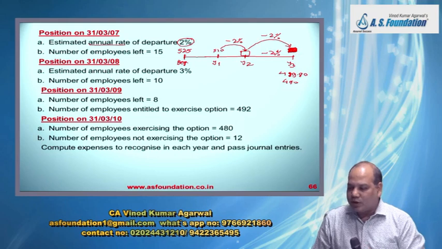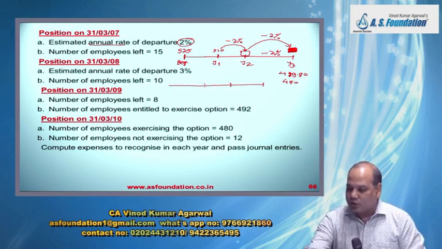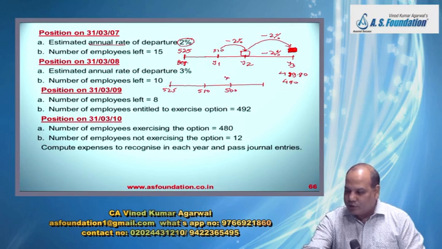But when I go to second year, what happened? 10 more employees left. So whatever actual data is available, we'll take actual data. So we had 525 employees here. 15 left in the previous year, 510, 10 more left in this year. So we have 500 employees in year 2.